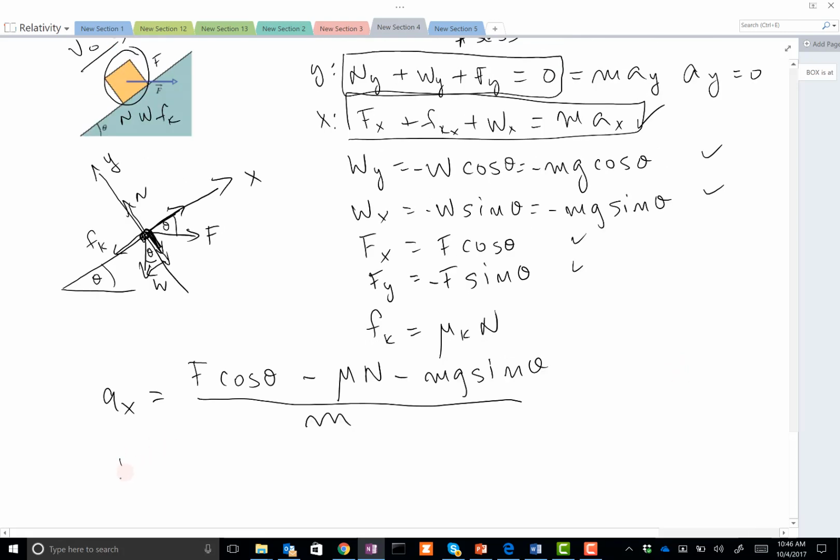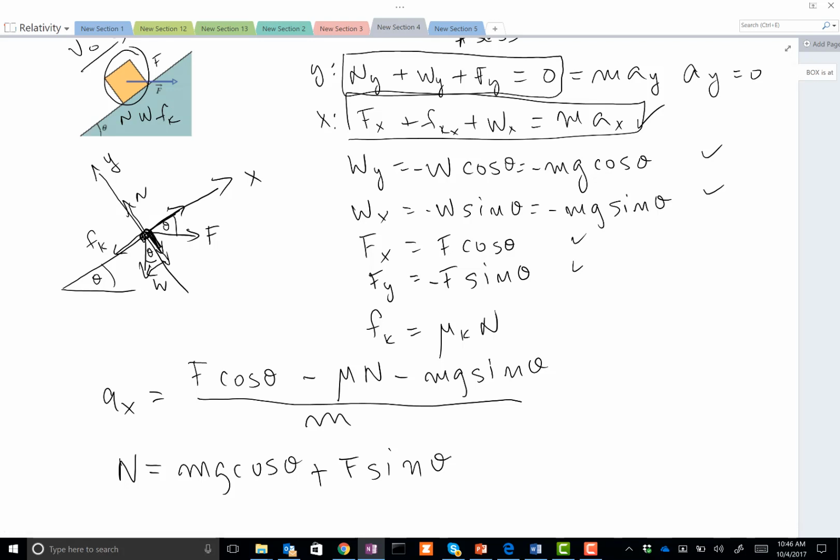The normal force is equal to minus this plus minus this. So the normal force is equal to mg cosine theta, that is the y component of the weight, plus F sine theta, that is the y component of that force there.